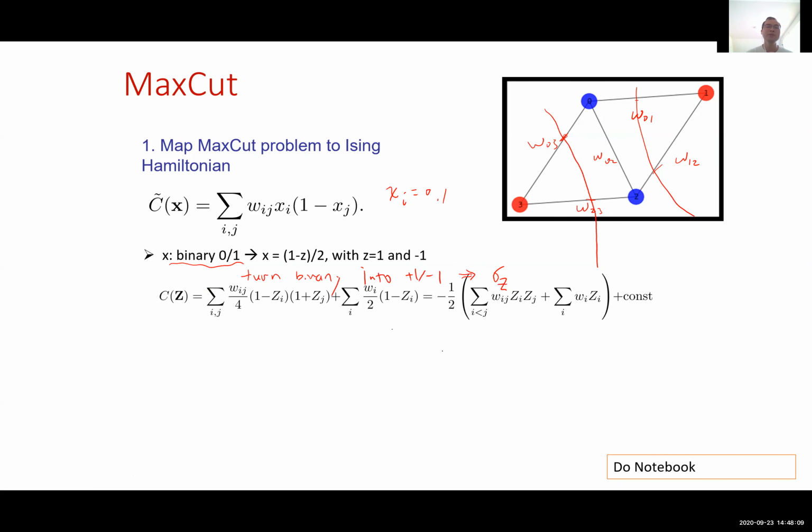So this would turn this into a Hamiltonian. Let me not call this Hamiltonian yet. We can turn this cost function into an operator, a quantum operator.